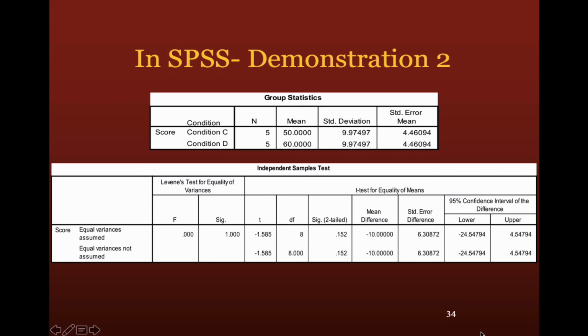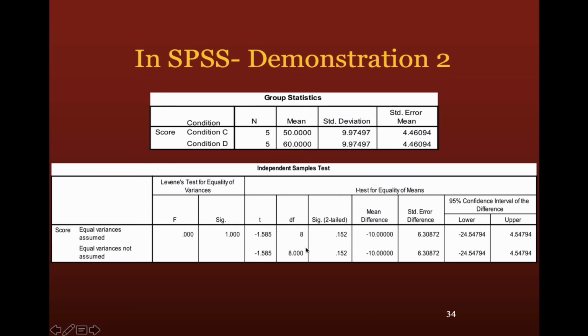The group statistics: right here we have condition C and D. Both had 5 participants in those conditions. The mean for C is 50. The mean for D is 60. Standard deviation for C is 9.97. For D, it's 9.97. So that gives you some descriptive information.